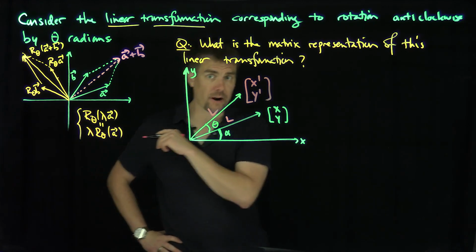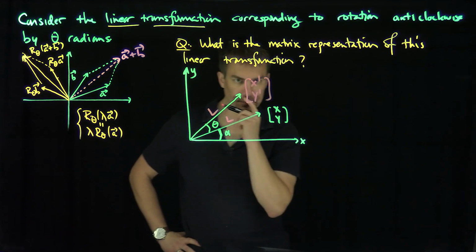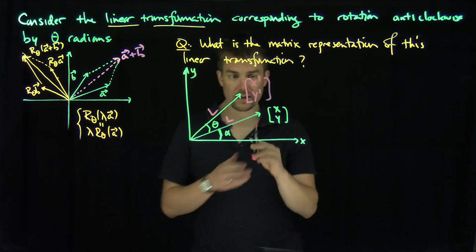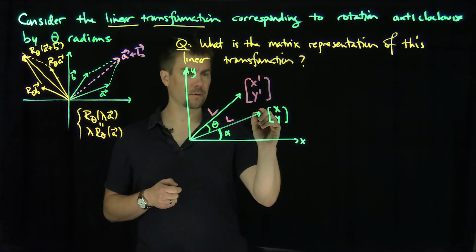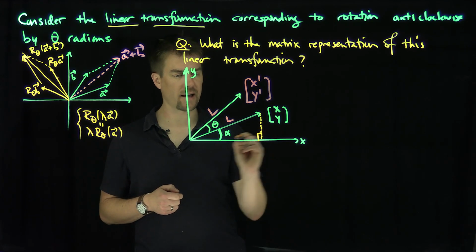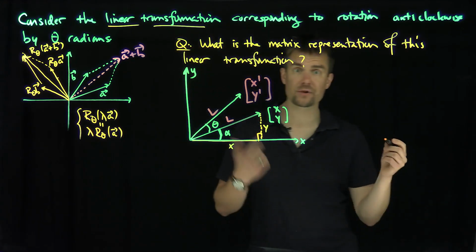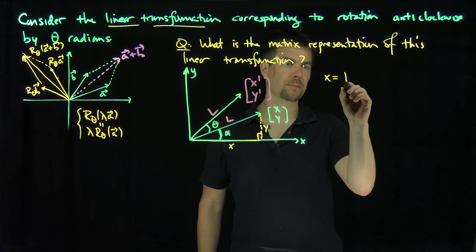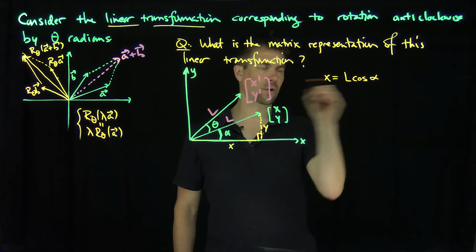I'd like to find a formula for (x prime, y prime) in terms of x, y and theta. Okay, so let's do that. Of course, I know what x, y is because I can draw a right triangle down over here, and that's my x and that's my y. My x is going to be L cosine alpha, because the cosine is the adjacent over the hypotenuse.